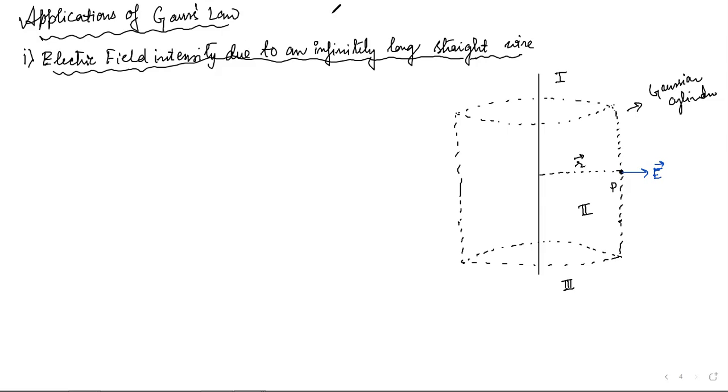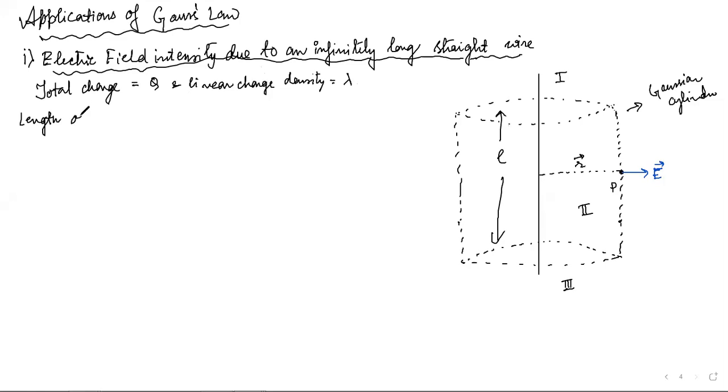So, if we consider that total charge is equal to capital Q and linear charge density is equal to lambda, then if L is the length of this Gaussian cylinder, the length of the surface is equal to small l.